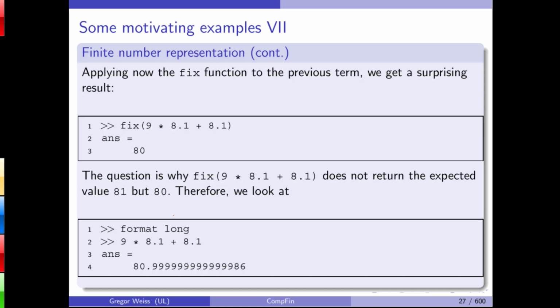Let's see what happens if we first set the option format long, meaning that the expressions and the results displayed in MATLAB now do not use just 4 decimals, but in this case 15 decimal points.